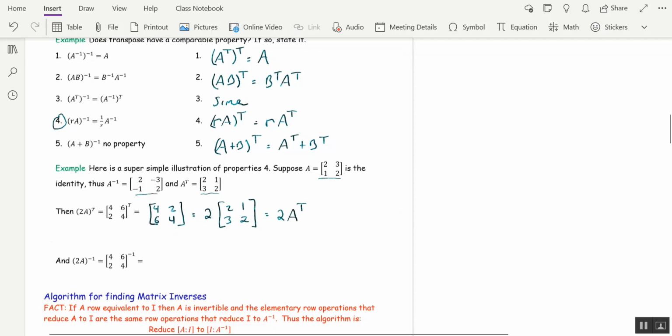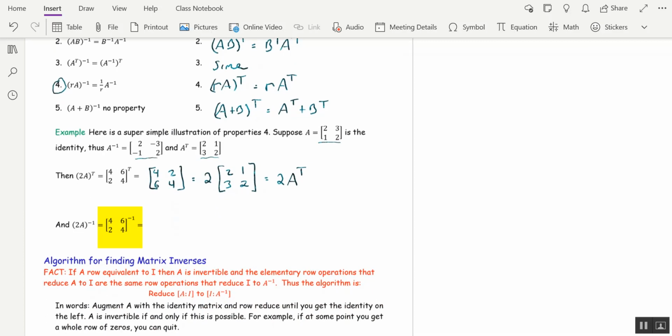All right, now let's look at that property for inverses. Again, I multiplied A by 2, and now I want to find the inverse. So I'm going to use my dancing naked bears. Well, I want 1 over the determinant, 1 over 16 minus 12, and then I'm going to switch the A and the D, which are both 4 anyway, and make the B and the C negative. Okay, well that's 1 over 4 times [4, negative 6; negative 2, 4].